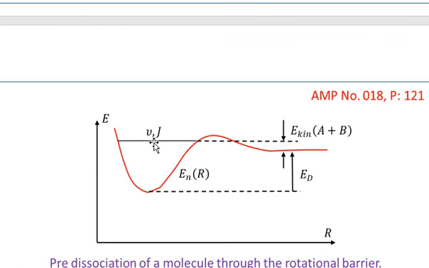And when the molecule penetrates through the rotational barrier, the molecule will be de-excited and the fragments will emit kinetic energy. The difference between the dissociation energy and the energy of this level will appear as the kinetic energy of the nuclei A plus B.